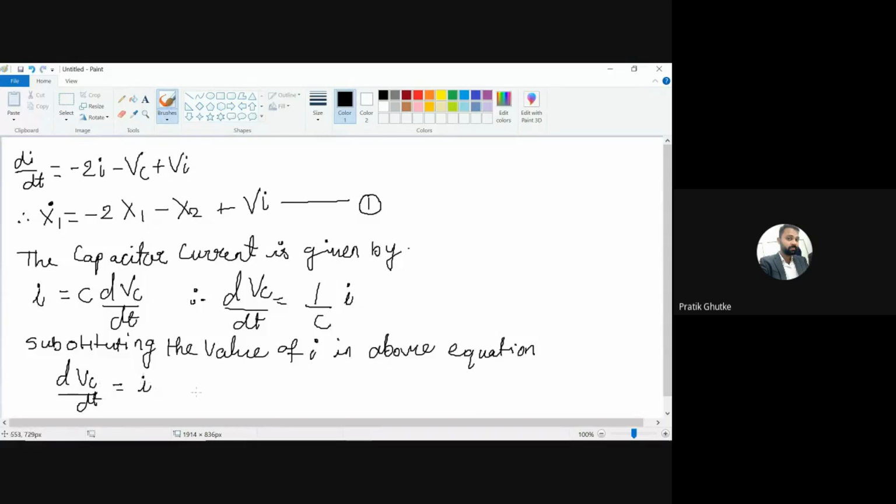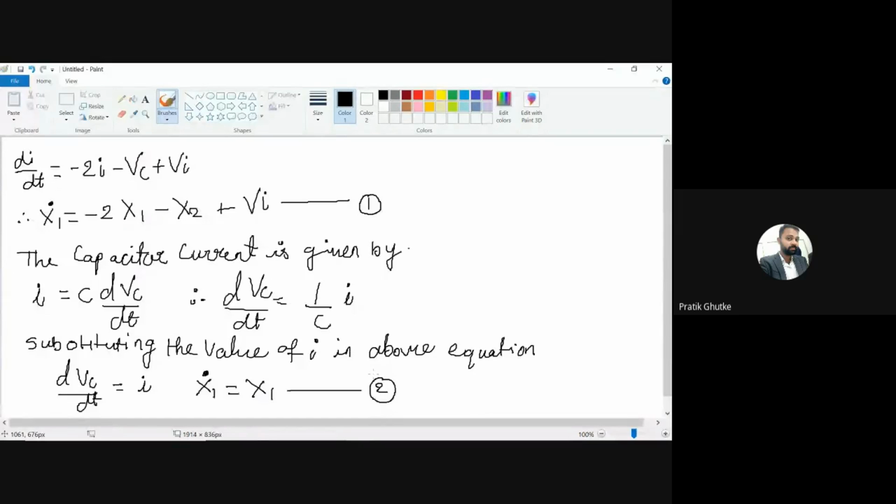So what did I consider at the start for I? x1. So x2 dot equals x1. This is my equation number 2. So now from equation 1 and 2, I can write the state model equation in the matrix form.